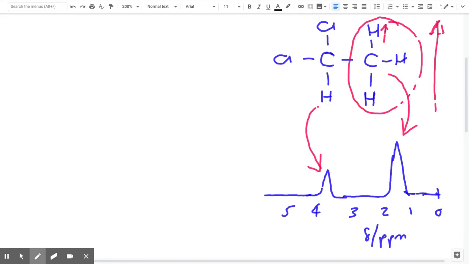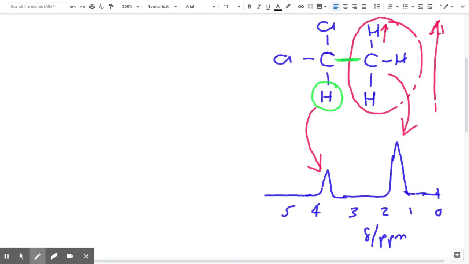Okay. That magnetic field, though, is affected by not only the external magnetic field and the magnetic field that's generated by the protons you're actually looking at, they are affected slightly by the magnetic field of an adjacent proton. That's the key thing. It is on an adjacent proton.